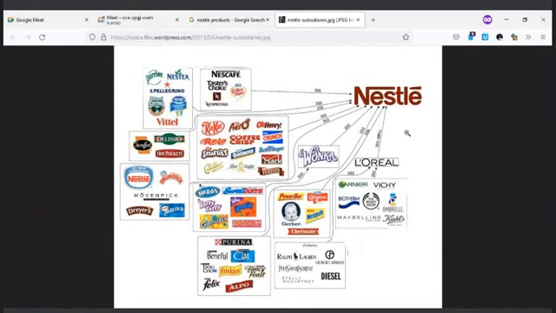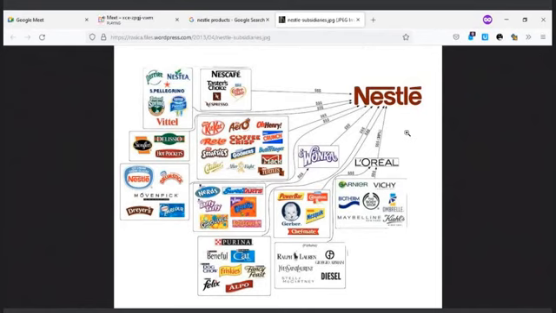Even Maggie is part of Nestle only. So when Maggie went into legal cases in India, Nestle India and even the parent company, Nestle UK, both had to report saying the Maggie product is currently facing some legal issues in India. Because of that, we may see lowered revenue for some years, or whatever they wrote at that point of time.